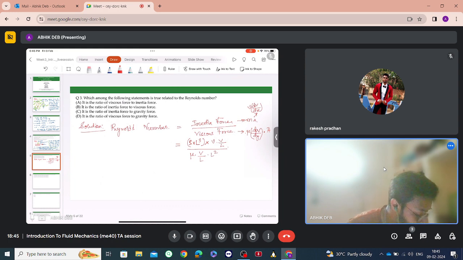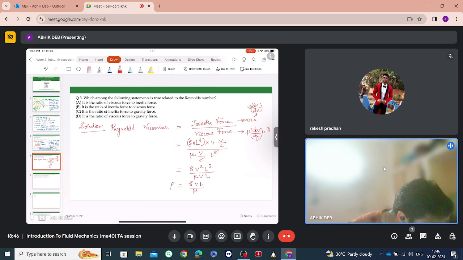So with simplification, what do we get here? In the numerator we have rho v square L square, and here we have mu v L. So with further simplification we get rho v L by mu.